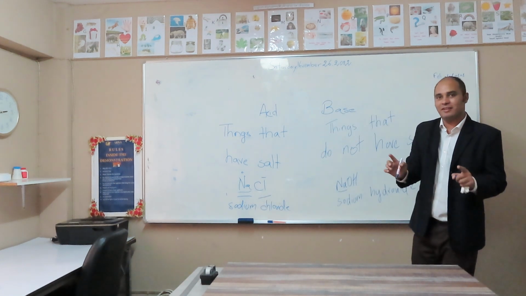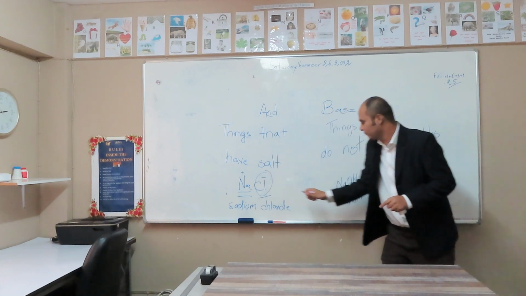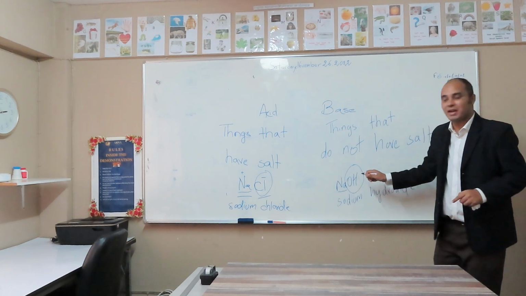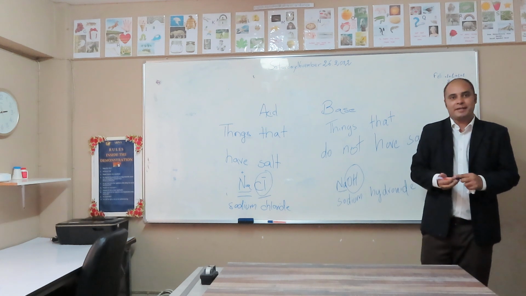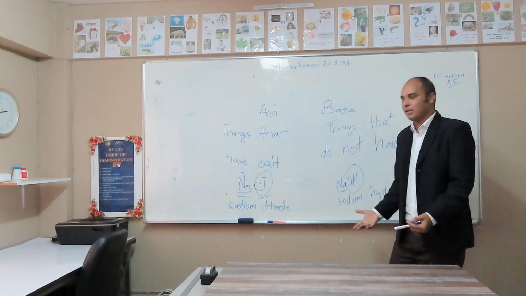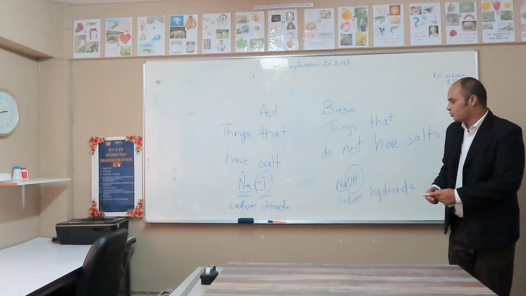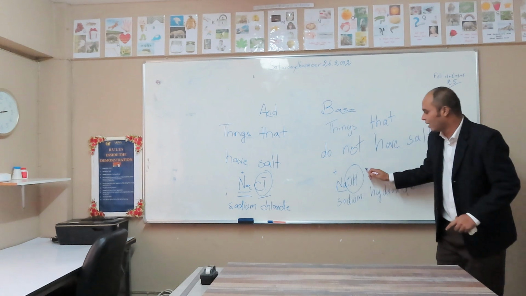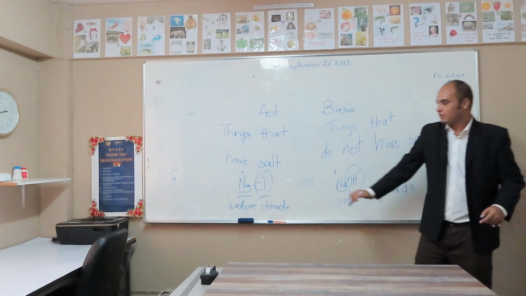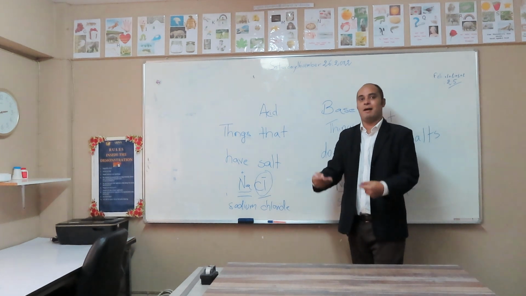It means that there is something going on in here with the hydroxide. By now the students are able to differentiate between a chloride ion and a hydroxide ion. This has a positive charge, this has a negative charge. The sodium always contains a positive charge in a compound. What is a compound?